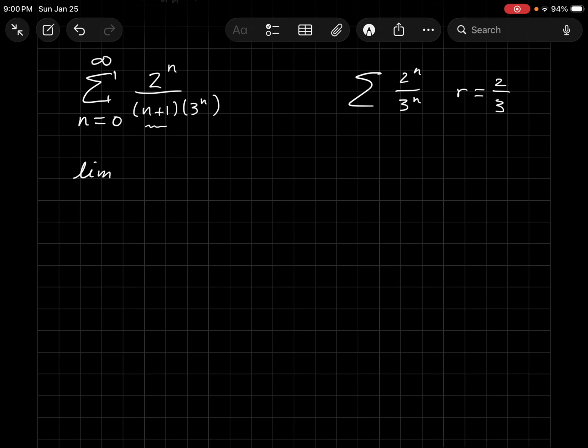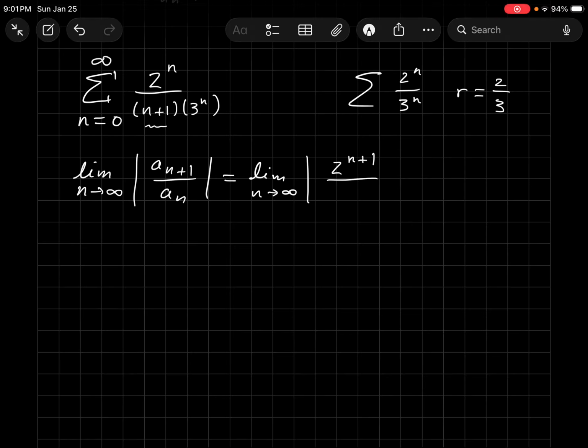So what we'll do is we'll use the ratio test, which says, let's look way out at infinity and see if there's a ratio of the terms in the sequence. a sub n plus 1 over a sub n. Which means, let's start by plugging n plus 1 in for every n value, which gives us 2 to the n plus 1 over n plus 2 times 3 to the n plus 1, and then divided by the nth term.